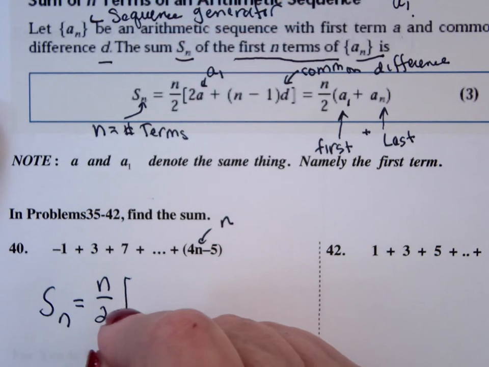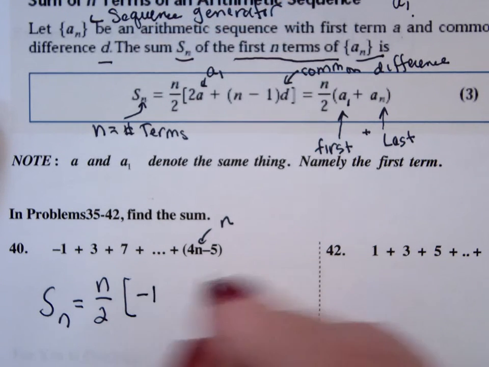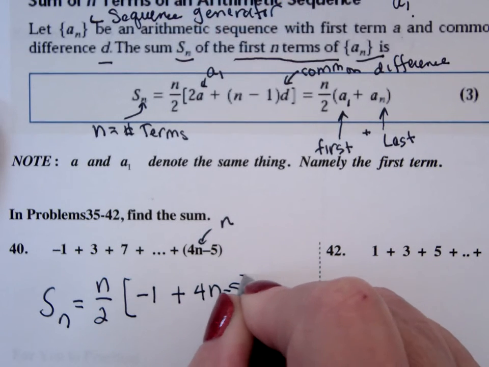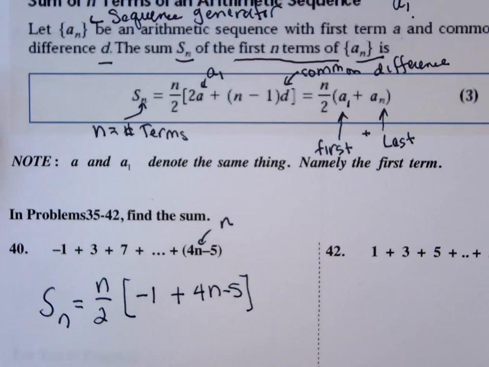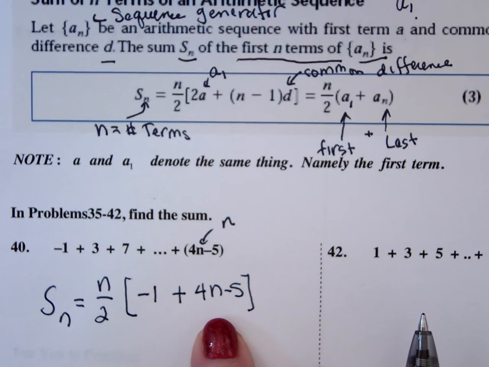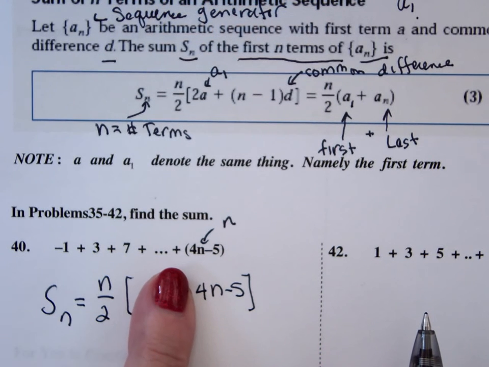And I'm going to add the first and the last. Now notice what it does is that if you knew what n is, it generates that last value. Because you put a number in, it gives you the number that's in that position.